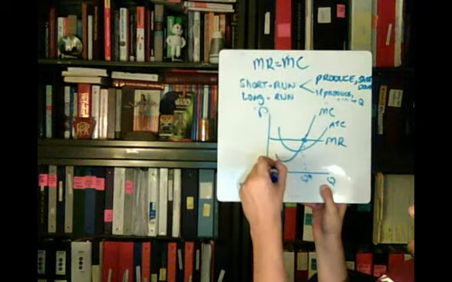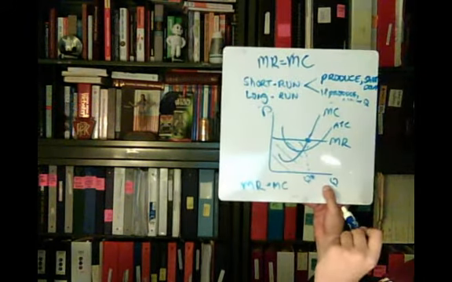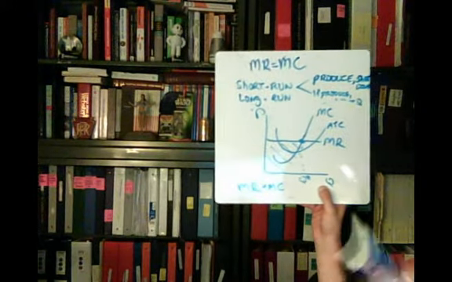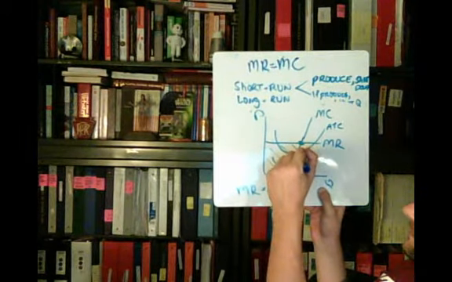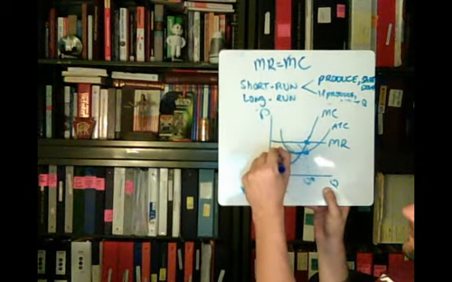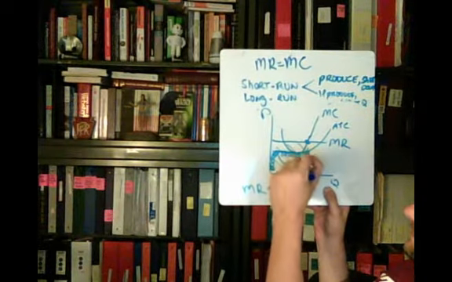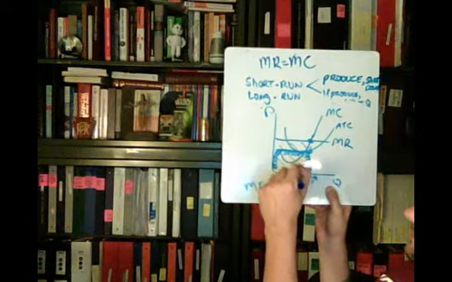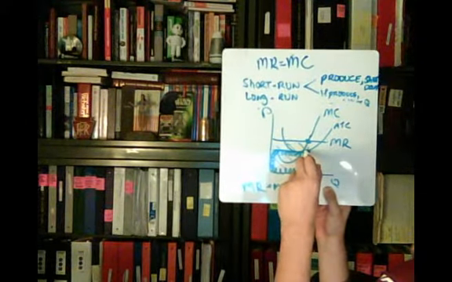Now the revenue would be that whole region. But now the cost would be at that Q, where does it touch the ATC?